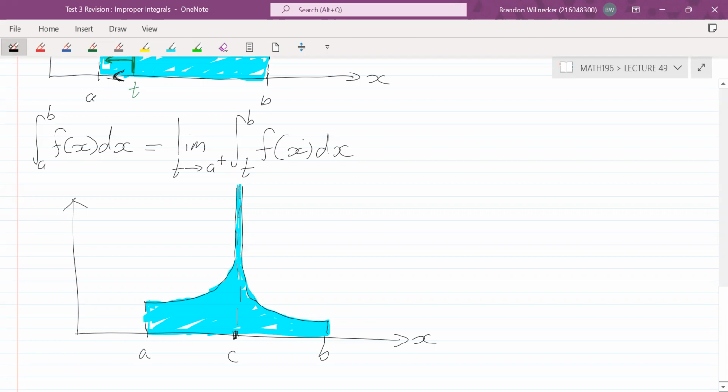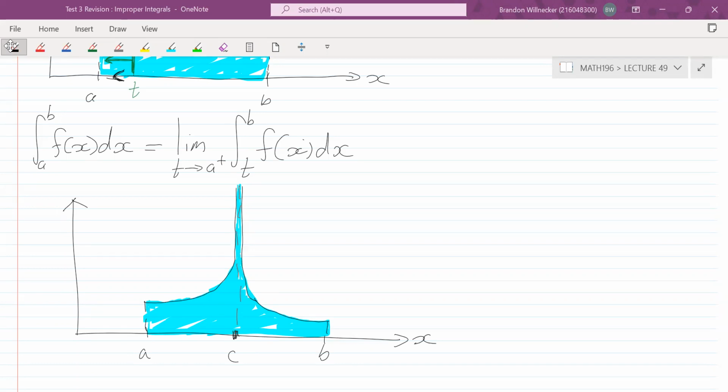In this case, we need to take two limits. We need to look at the area on the left-hand side and take the limit going to c, and also the area on the right-hand side of the asymptote with the limit going to c.